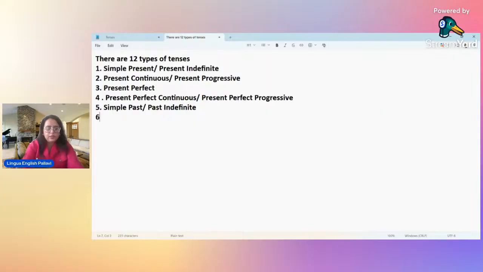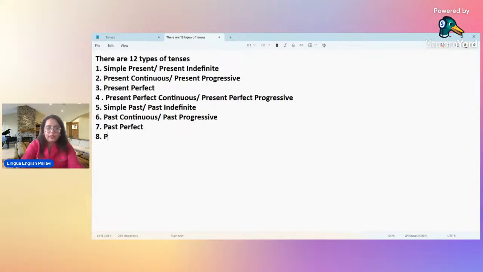Next it is number 6. It is again going to be the same. That is past continuous. And tell me the next one. Yes, past progressive. And after that, the seventh one is past perfect.